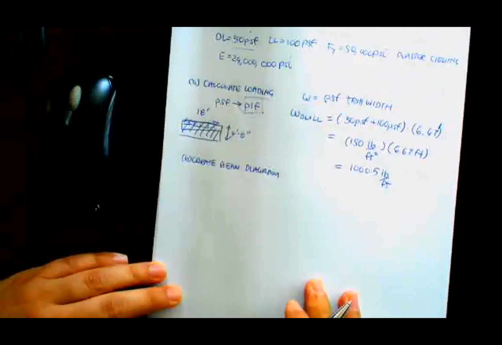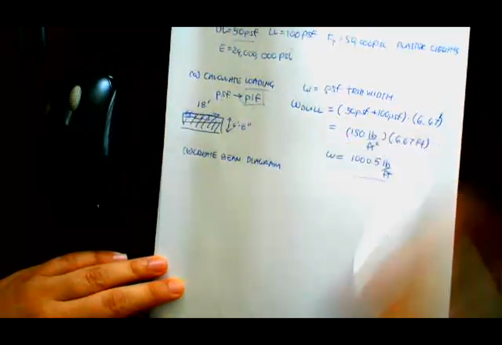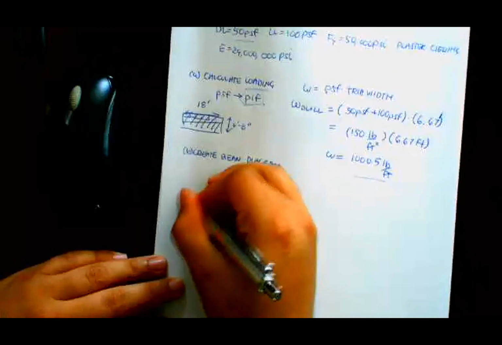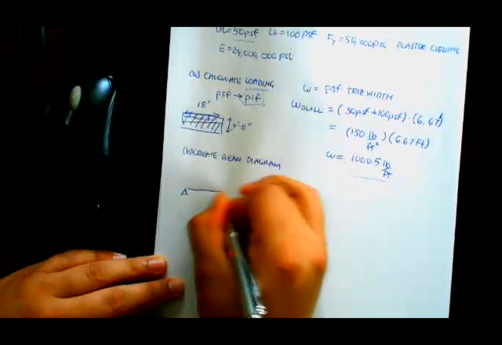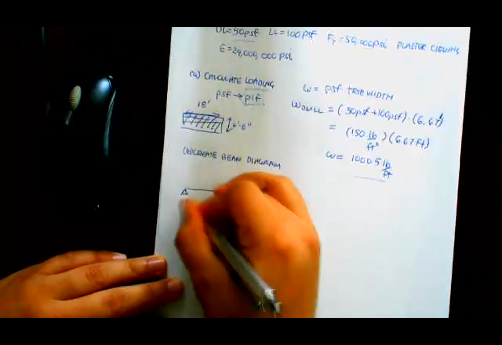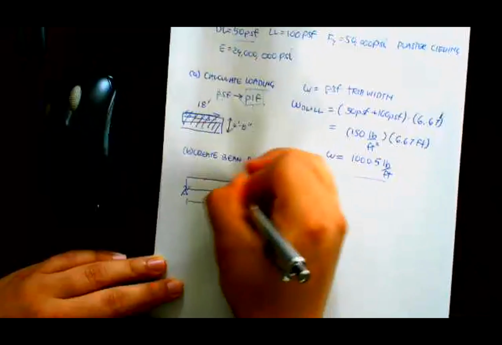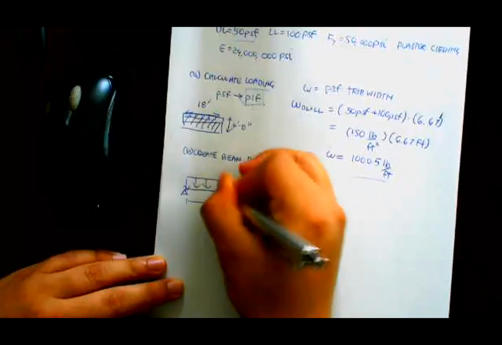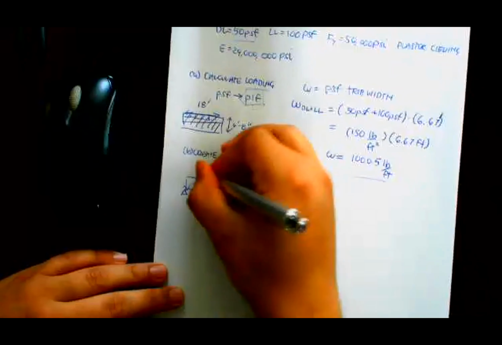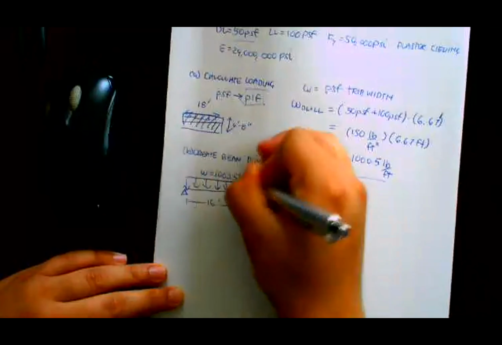If I know it's being loaded with this much weight and that this is a distributed load, uniformly distributed, then I can say this 18-foot beam, from here to here, is being loaded along the entire length of the beam with 1,000.5 pounds per foot.